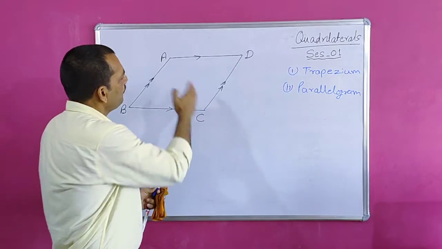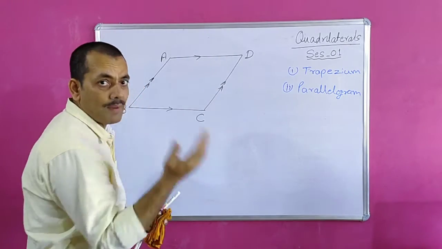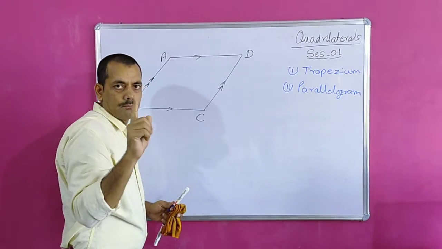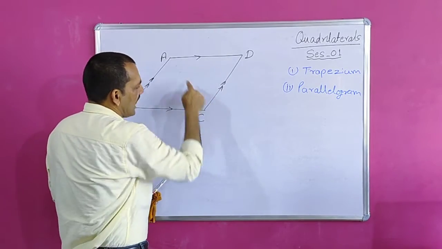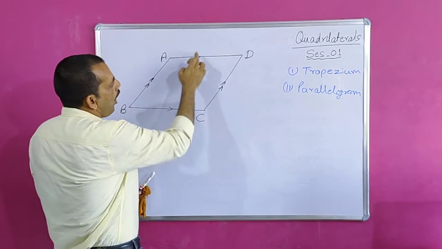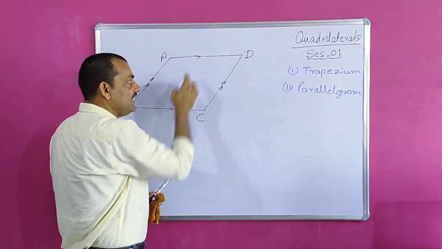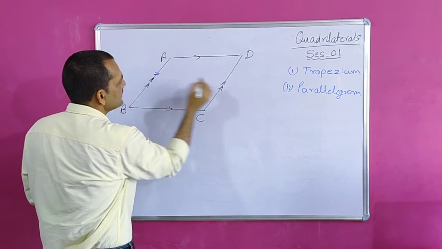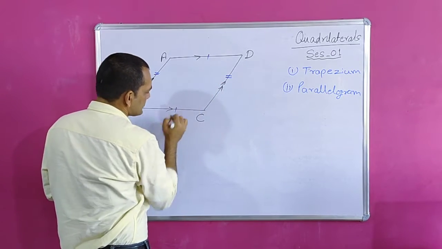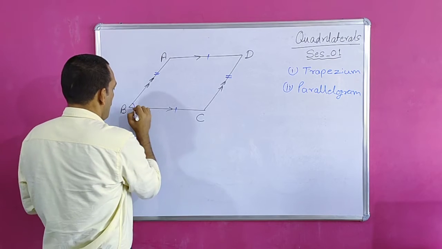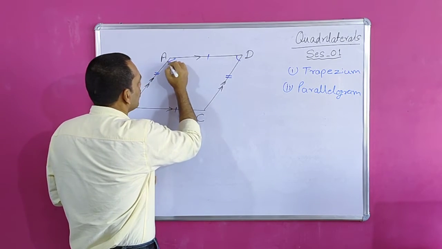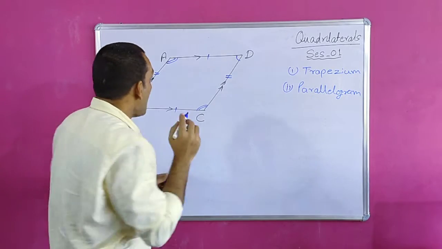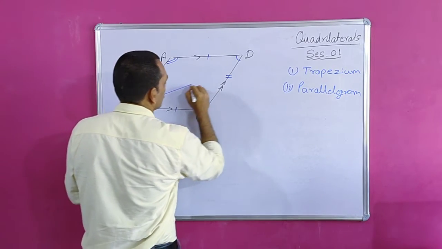Now, if it is this way, in case of a parallelogram, number one, opposite angles are equal. Opposite sides are equal and parallel. So, this will be equal to this and this side will be equal to this side. At the same time, diagonals bisect each other.